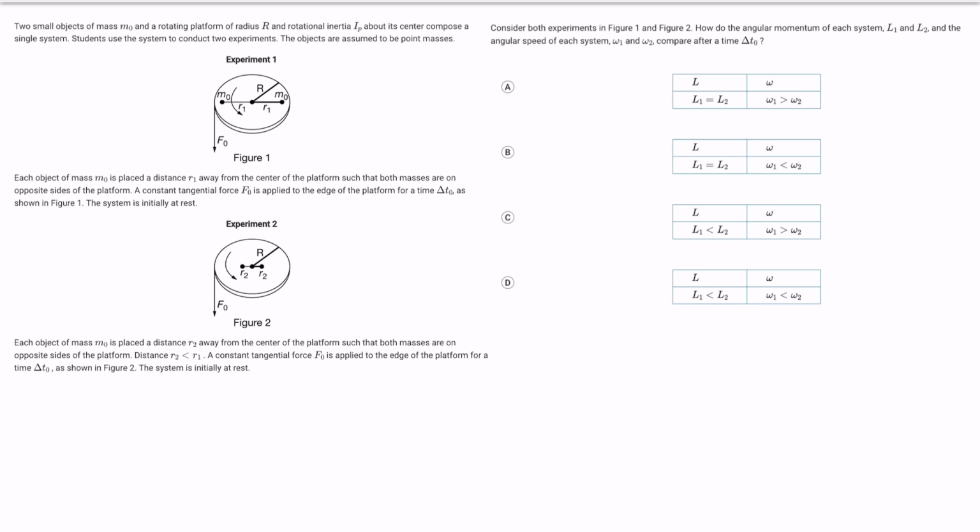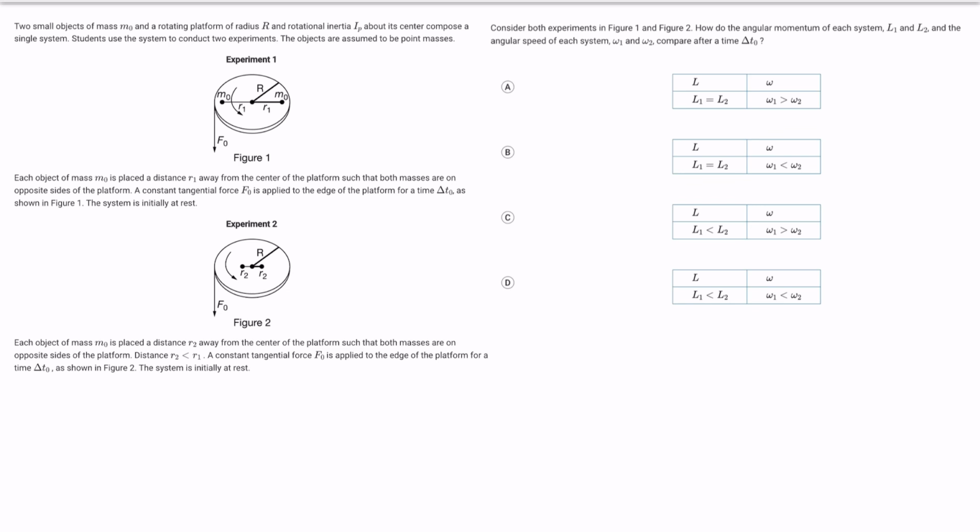So the masses in experiment 2 are closer to the axis of rotation, so it's going to have a smaller moment of inertia. Great. Now, let's see what the question says. Consider both experiments, figure 1 and figure 2. How do the angular momentum of each system and the angular speed of each system compare after delta T0?